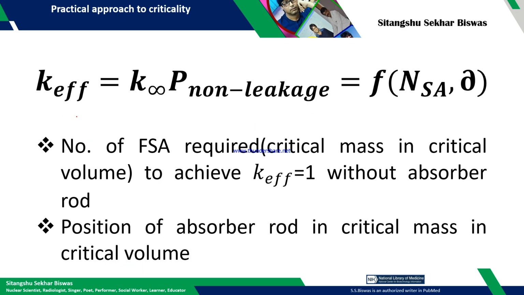So exactly what I was telling: in practice, to control the reactor, you know there is a control and absorber rod driving mechanism. Once the absorber rod is in the extreme down position, the maximum neutrons are getting absorbed, and the neutron population in the core is not sufficient to proceed with the fission.